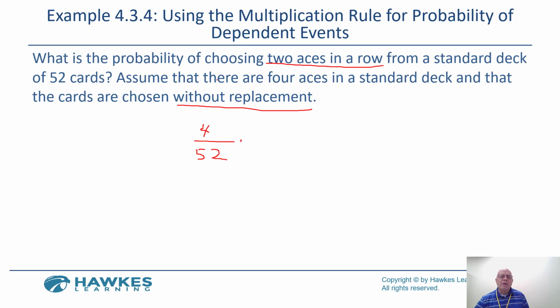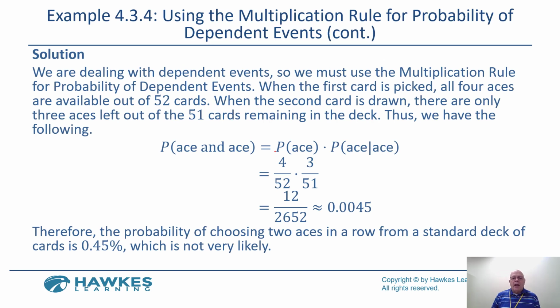But on the second selection, because without replacement, since we already chose an ace, there are only 3 left in the deck. And there are only 51 cards left in the deck. So the probability has changed. They're dependent events because the probability has changed. And we've got a chance of 0.45%. Not very likely that we pull out 2 consecutive aces.